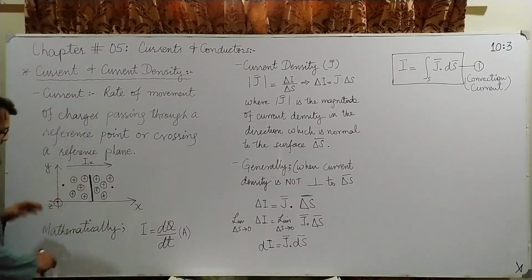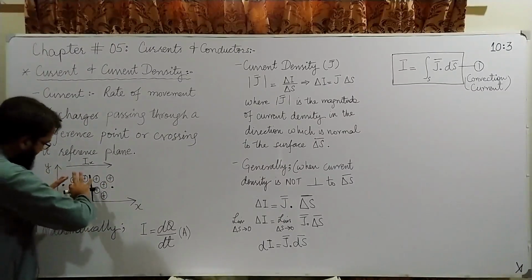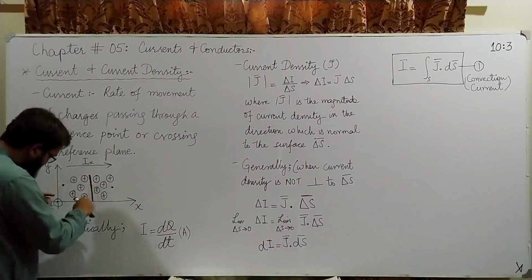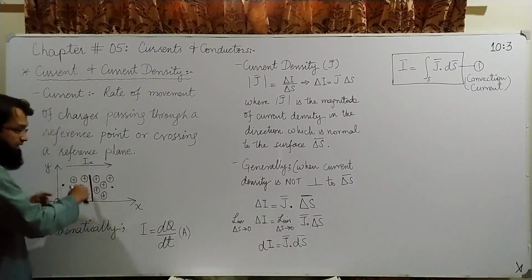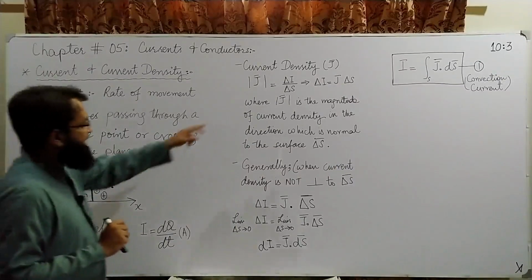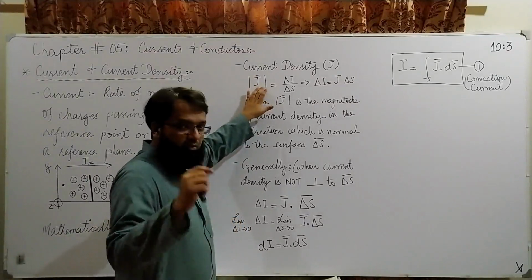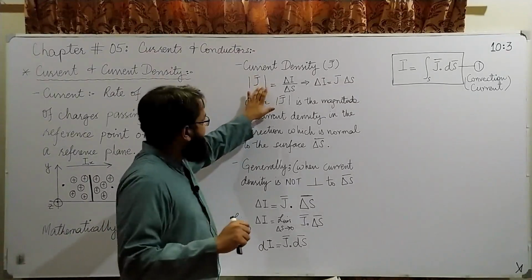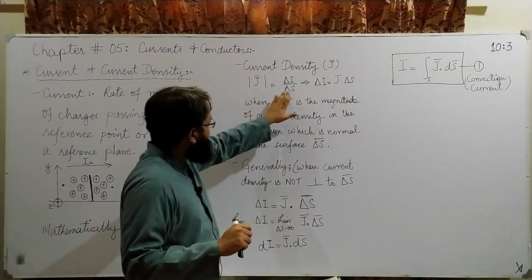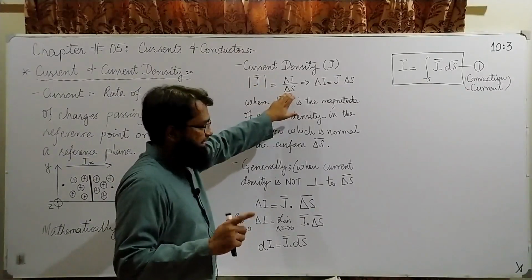We will define current density by the ratio of the amount of current through this surface area of this reference plane. If we take the ratio, we'll get current density. And now you might have guessed that later on we'll apply a limit to this delta S tending to 0.